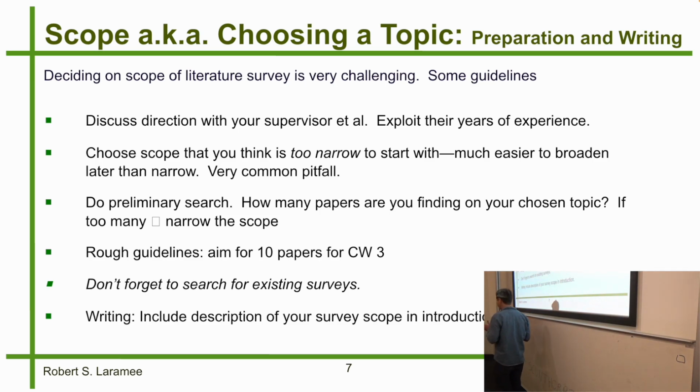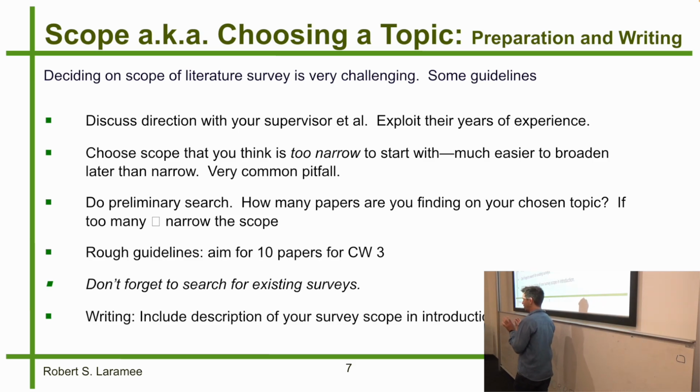But what could be possible? Something like a survey of artificial intelligence methods in the context of data visualization with a special focus on time-varying data. That might be a good focus. So you have artificial intelligence combined with data visualization combined with time-oriented data.